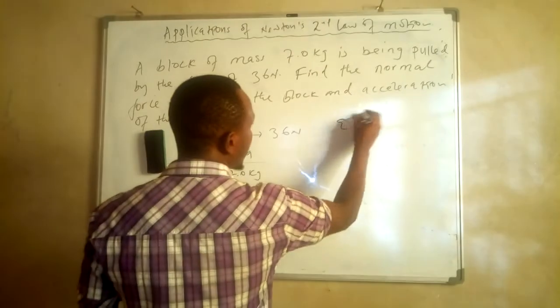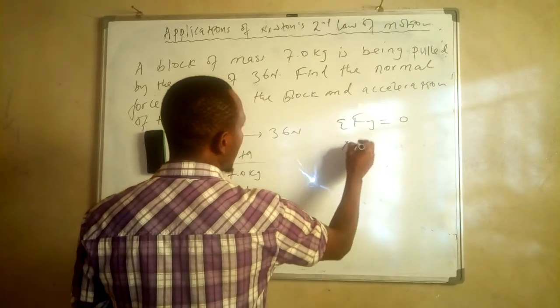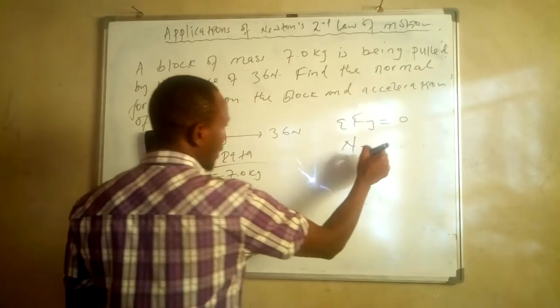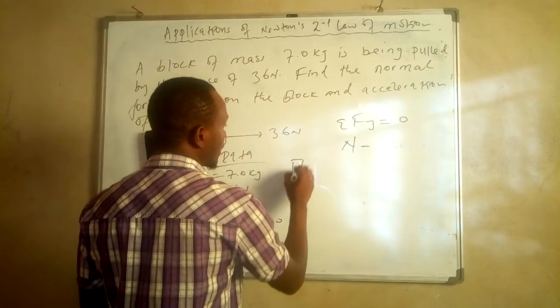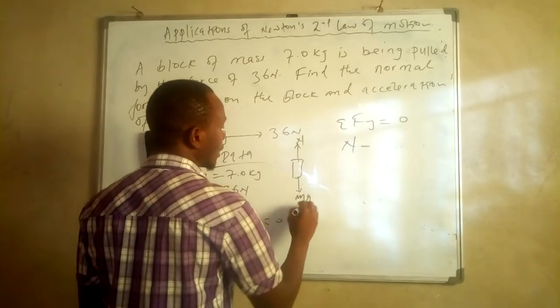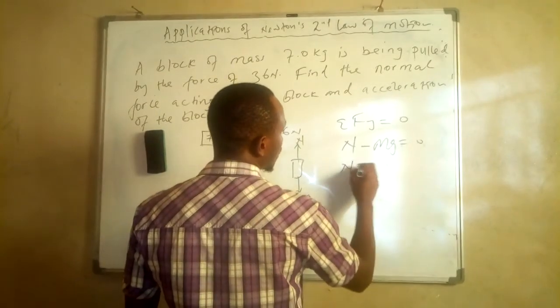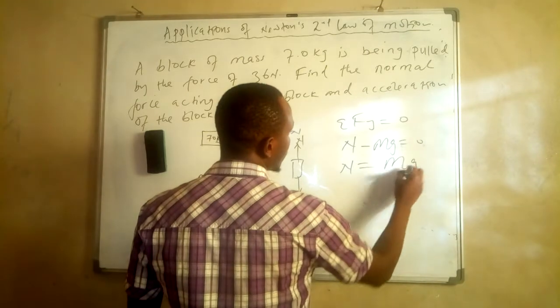So the summation of forces in y should be equal to 0. So we have N minus mg should be equal to 0. So N should be equal to mg.